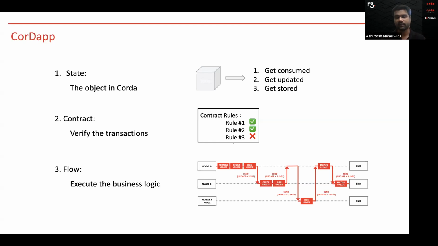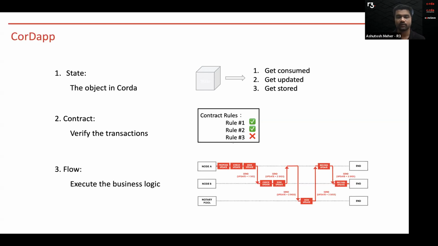And then the final piece that you want to put in is your flow, right? Flow is another very powerful feature of Corda. It allows you to write the business processes or business workflows that you have. Any business would have different kinds of business processes, right? These are different steps that you need to follow in a sequential manner. You mimic those with the help of the flow framework.